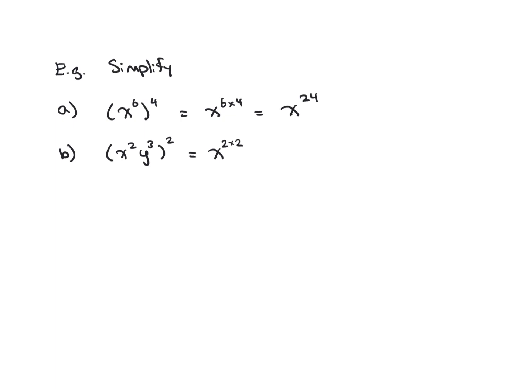And I'm going to do the y part as well. So for the y part, I have y cubed raised to the power of 2. So the new exponent will be 3 times 2. Okay, so the exponent on the outside of the brackets, that 2, it ends up getting multiplied to both exponents of the x and the y. So that will equal x to the exponent 4 times y to the exponent 6.